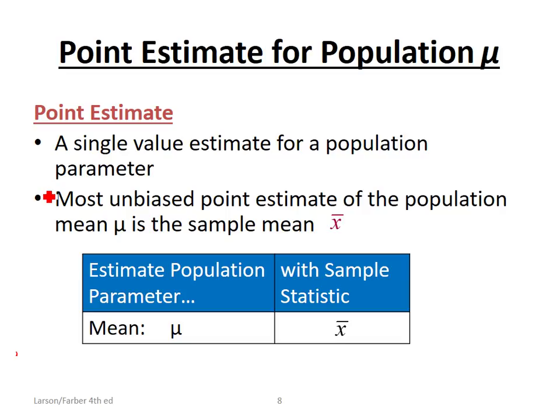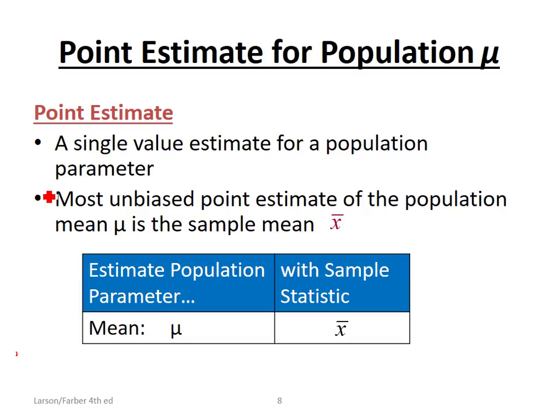All a point of estimate is, you'll hear point of estimate throughout this chapter, is that single value that we want to estimate about the population. So it could be the mean, the variance, the standard deviation, any of those things. The most unbiased point of estimate is the mean, the X bar.